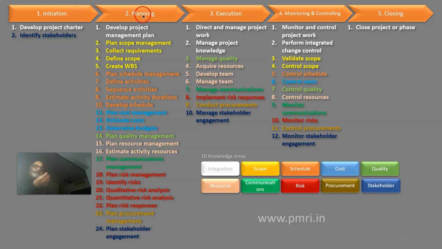Then we must get into detailed planning and execution, monitoring and controlling, and closing. And these processes work together in tandem and help the project to progress successfully. Key thing to remember: 5 process groups, 49 processes, 10 knowledge areas, and every process is linked to one knowledge area and one process group.